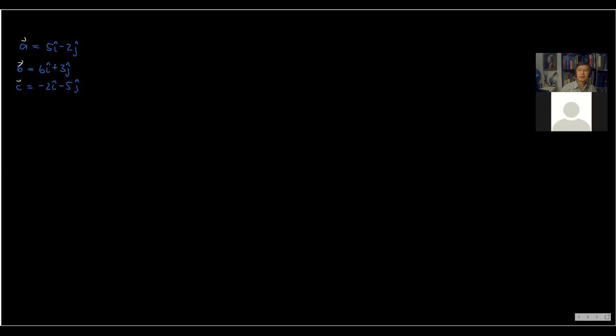What is it asking? It says to show that these are linearly dependent. So by definition, what is the condition you learned for linear dependence? Is it when the cross product equals, like the dot product equals 0? Cross product equals 0? No. Let's just recall linear dependence.